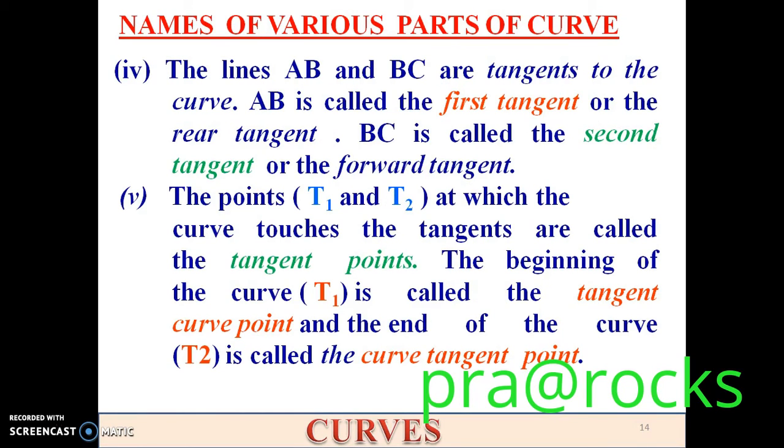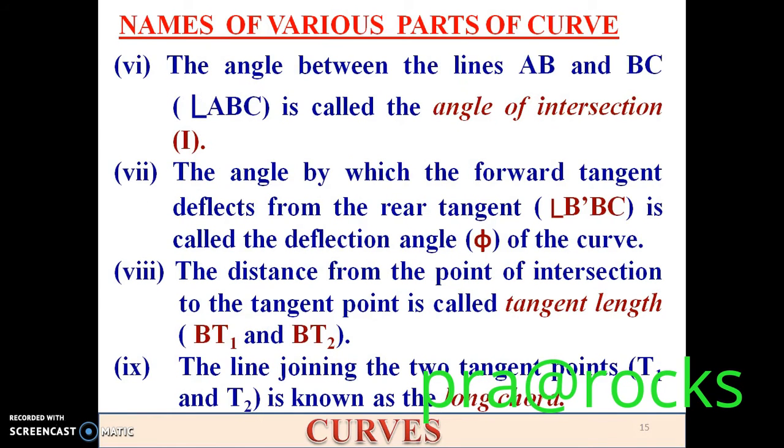AB is the first tangent, BC is the second tangent. T1 and T2 are the points where the curve and tangent touch, termed tangent points, where T1 is the tangent curve point marking the beginning of the curve, and T2 marks the end of the curve, the curve tangent point.